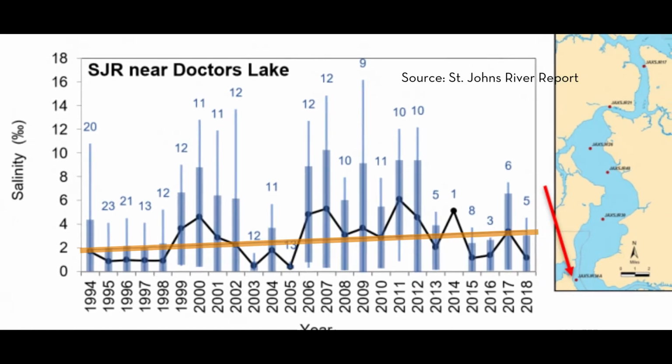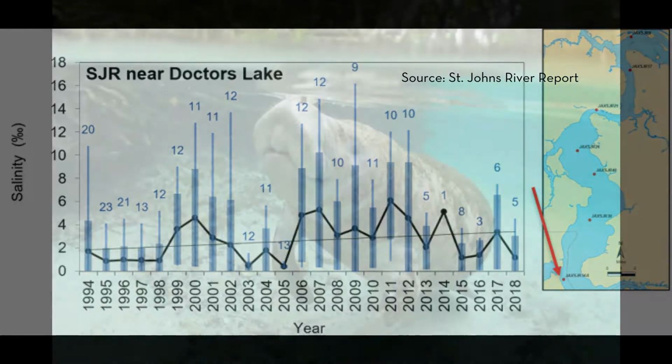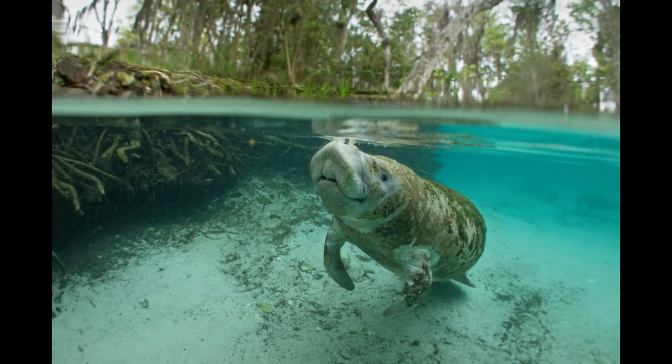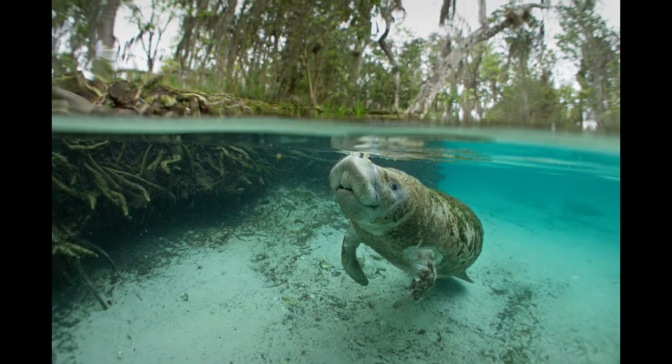As the salinity increases further upriver, freshwater species are likely to be more impacted than the more salt-tolerant species. Salinity levels in the lower basin can change daily through the tides and the water cycle.